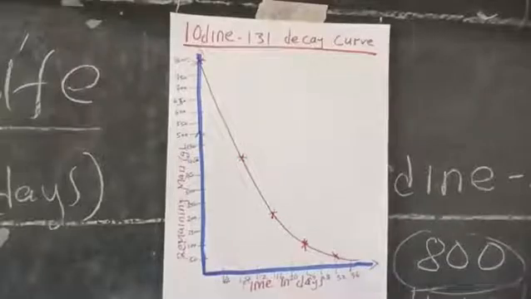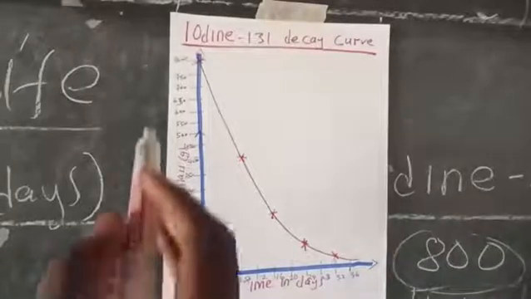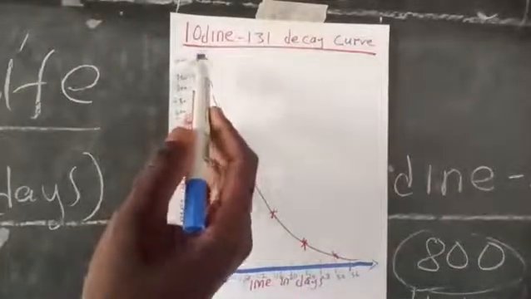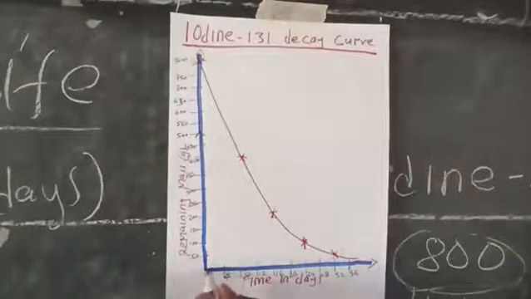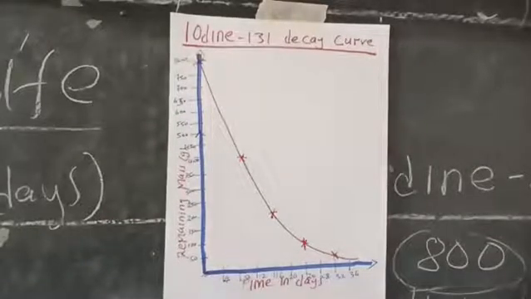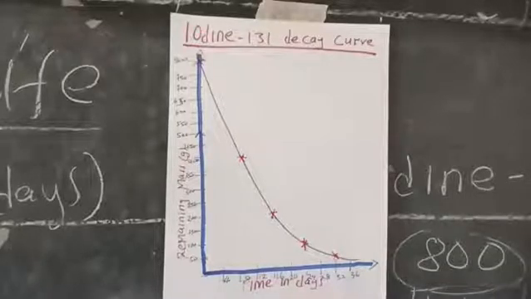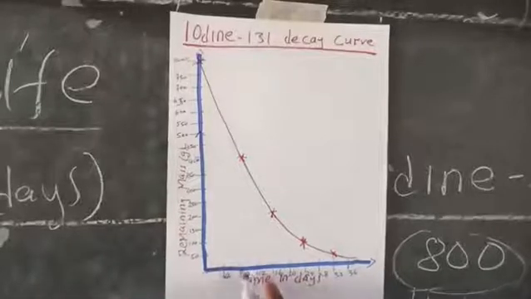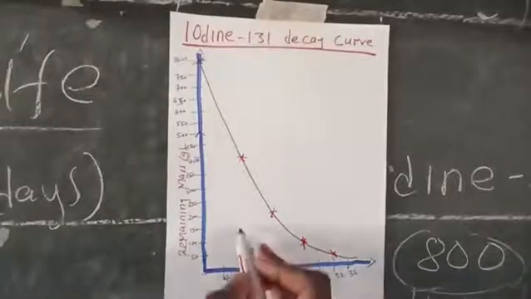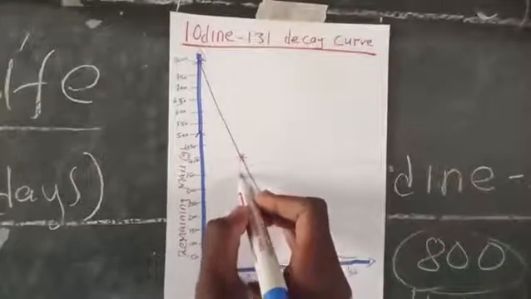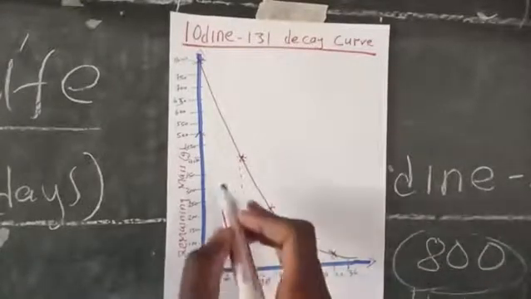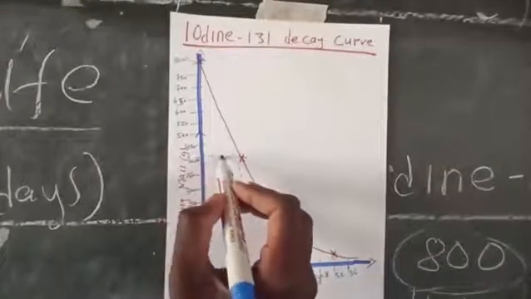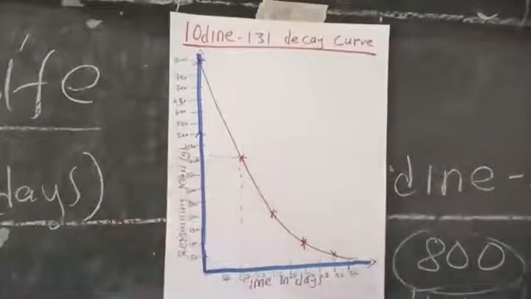And like I've said in the beginning, we have 800 grams at the beginning. Our time in this part is 0 days. If you look at your data, in 8 days, the amount that is remaining is 400 grams.